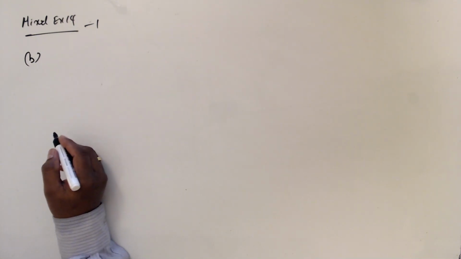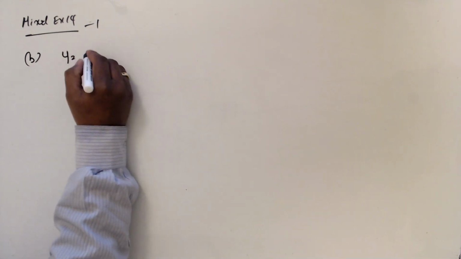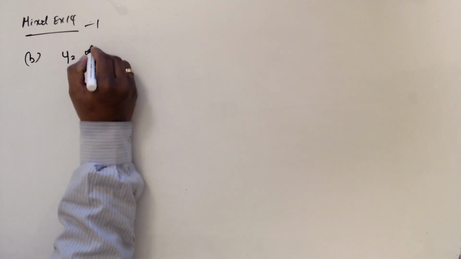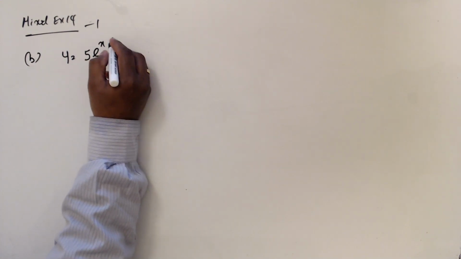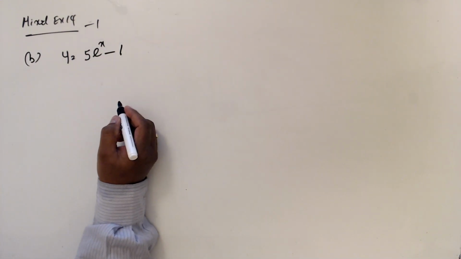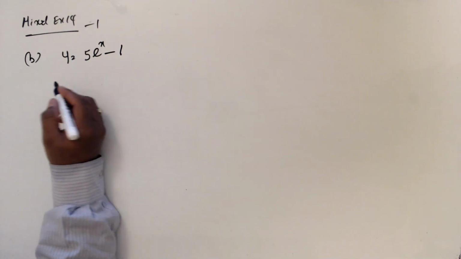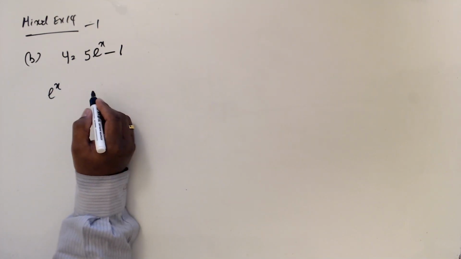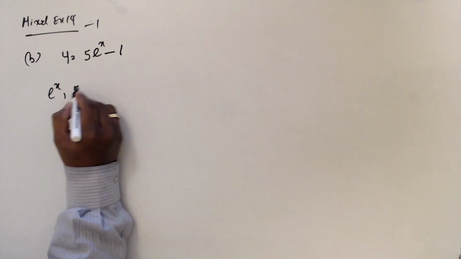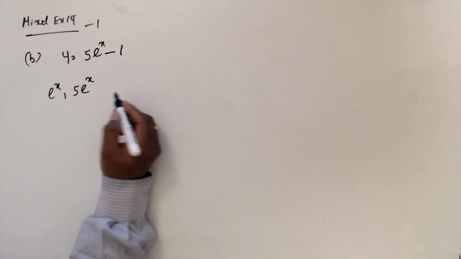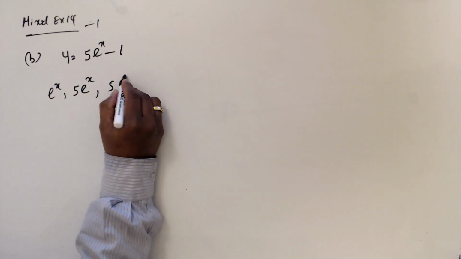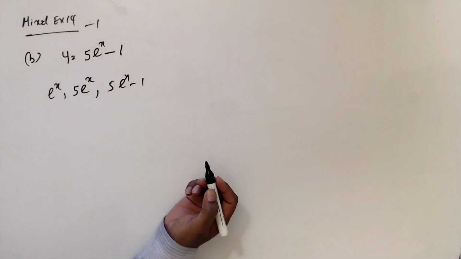Part B, y equals 5e to the power x minus 1. So we need to start by thinking about what e to the power x looks like, then what 5e to the power x looks like, then what 5e to the power x minus 1 looks like.